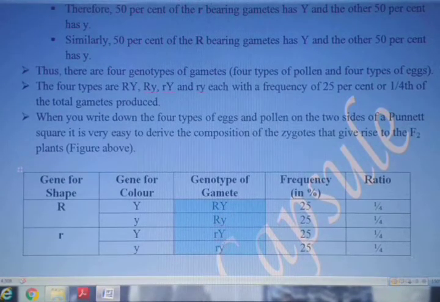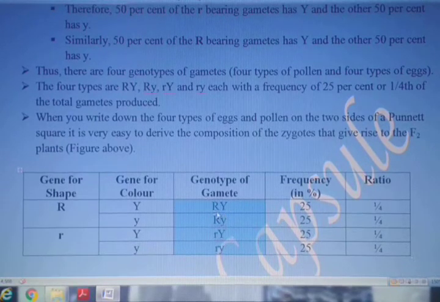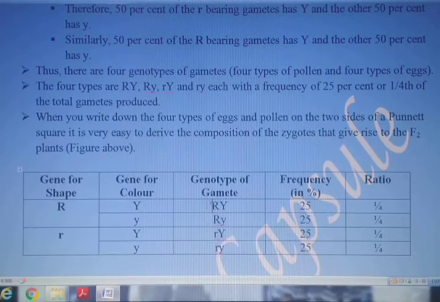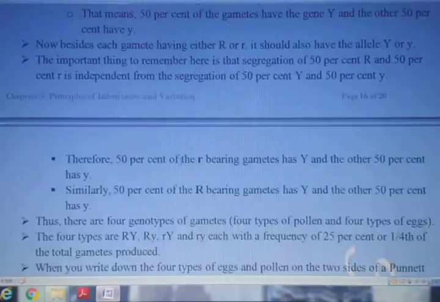All of these have a frequency of 25%, and they are 1/4 of the total gametes produced by the F1 plants. All of this is represented in the table in terms of frequency in percentage and the ratio.